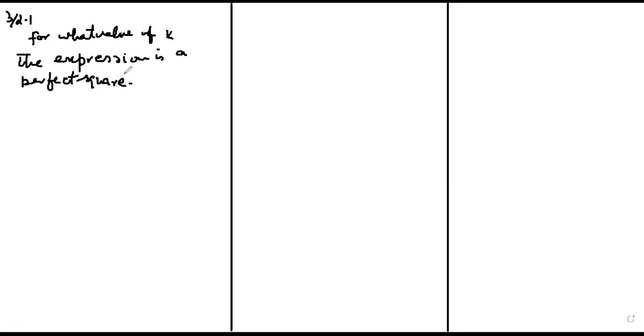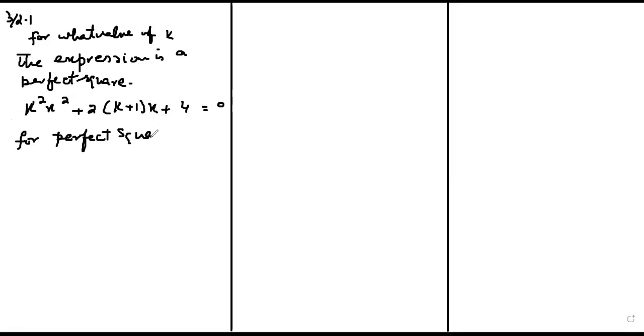So the equation is k square x square plus 2 times k plus 1 x plus 4. Right? Let's say it is equals to 0. So for this, the discriminant must equals to 0. So for perfect square, the discriminant must equals to 0.